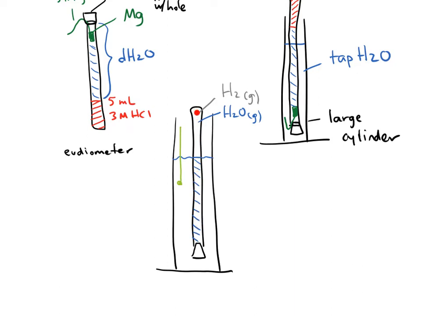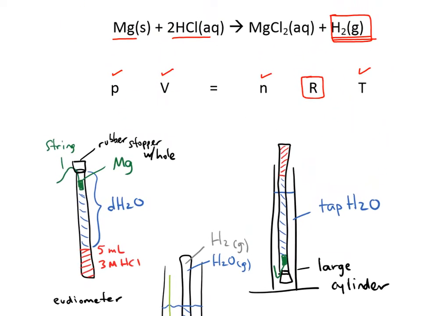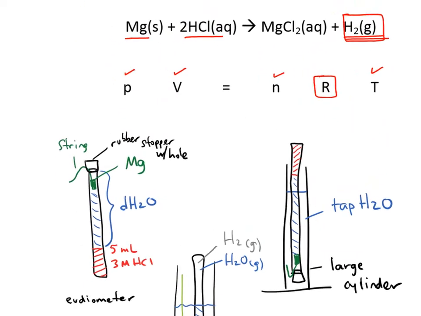These liquids are at the room temperature. So you're basically measuring the room temperature, but we're going to do it in this cylinder. So that's going to take care of the temperature.